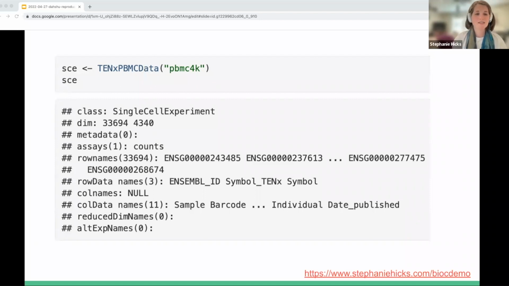So the idea is I'm loading in what's called a SingleCellExperiment object, which is an object that we developed to be able to store single cell data in a really modular and interoperable way. Inside of it, you see something called the counts assay. It's a matrix of counts that I showed you with 33,000 genes along the rows and around 4,300 cells along the columns.